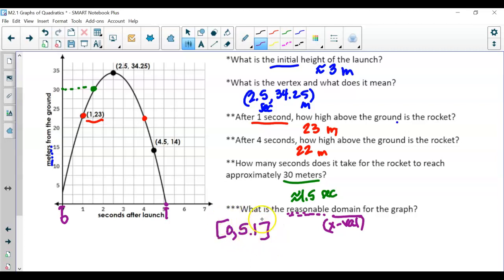And you can see this is called interval notation with the brackets where it includes it, or you can see it as between 0 and 5.1 are all of the x values. Notice how it's always between. So we're going to focus on writing our domain both ways. So you can see it here or in interval notation.